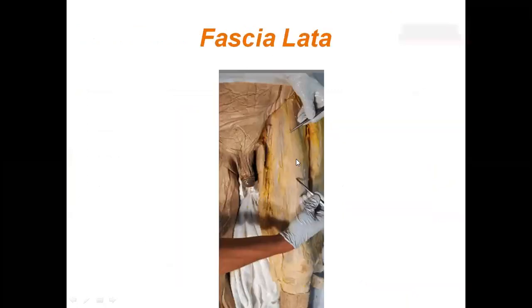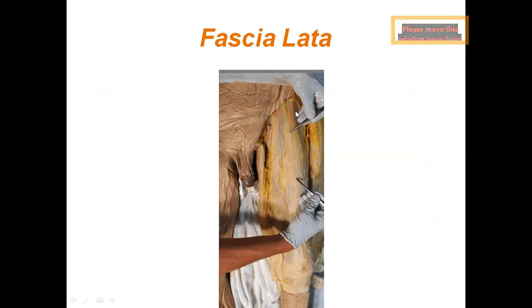Now see here, this is the fascia lata. Once you reflect the superficial fascia, you come across this deep fascia. The deep fascia of the thigh has been named fascia lata. Superiorly, it is attached along the pubic symphysis, pubic tubercle, inguinal ligament, anterior superior iliac spine, iliac crest, sacrum, sacrotuberous ligament, and ischial tuberosity, back to the pubic symphysis.